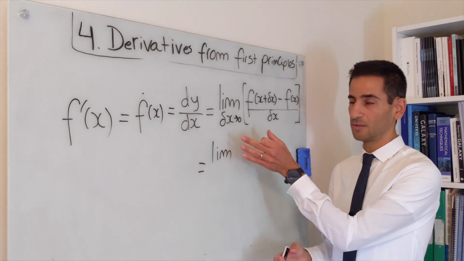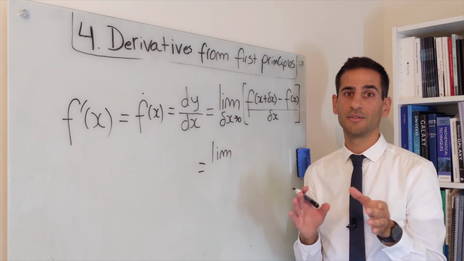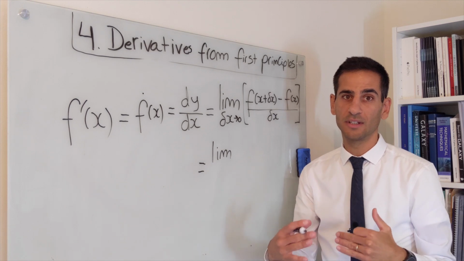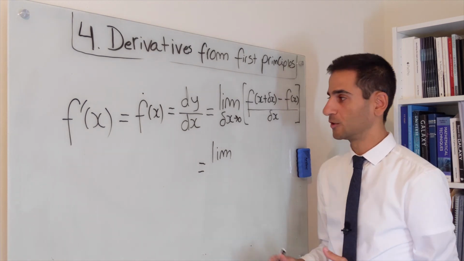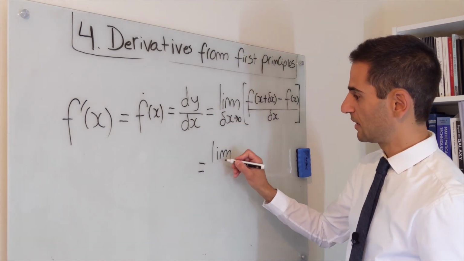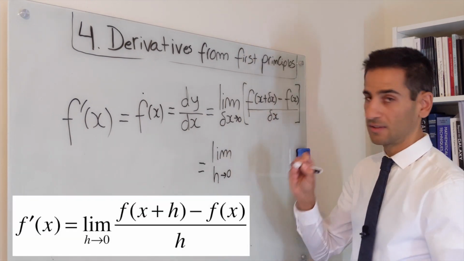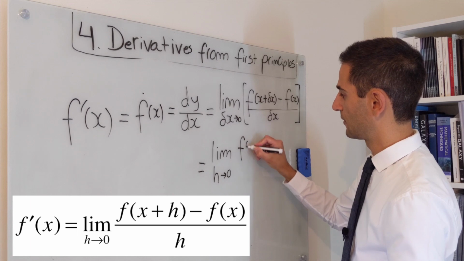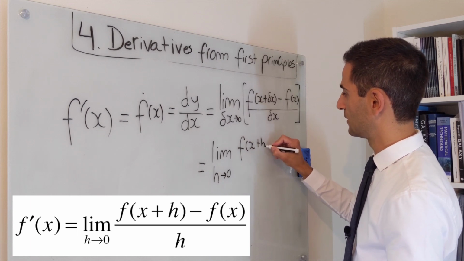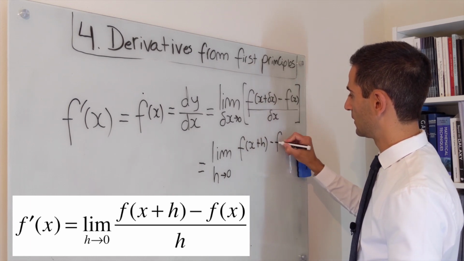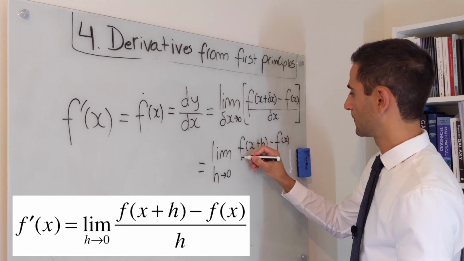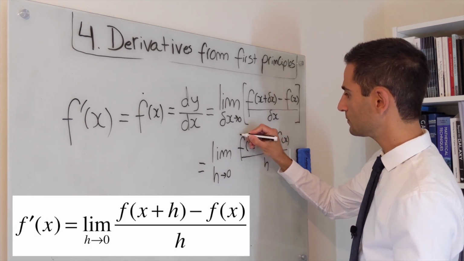It's okay to use either as long as you are consistent within a problem or solution. This is the same as saying you're calculating the limit when h goes to 0 of f(x + h) - f(x) over h.